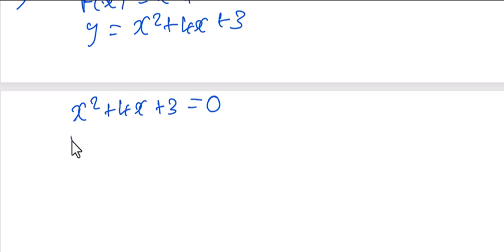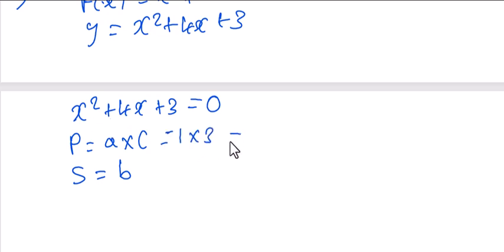So we need to find the product and the sum. We know that a multiplied by c gives us our product, and our sum is just equals to b. Hence 1 multiplied by 3 gives us 3, then our sum is 4.